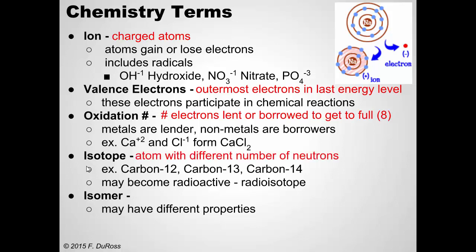Isotopes. Isotopes are atoms with different numbers of neutrons. Carbon has 6 protons. All carbon has 6 protons. If it had another number, it wouldn't be carbon anymore. But there are various versions of carbon, various isotopes that have different numbers of neutrons. There's carbon 12, carbon 13, carbon 14.